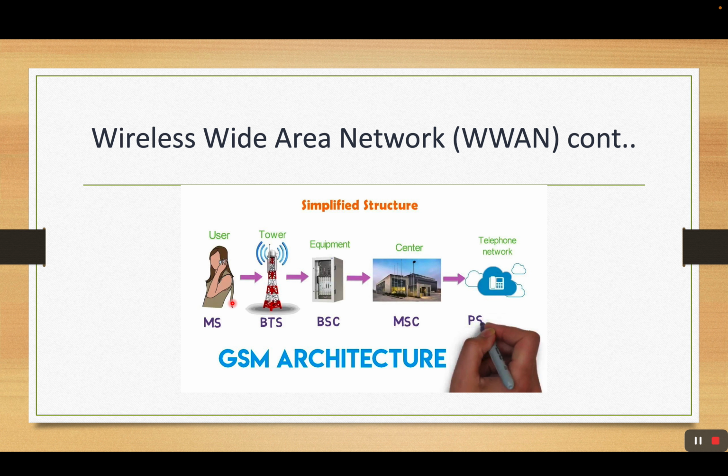At the same time, by the way, the MSC sends a request to the BSC of the destination number to whom the caller or the subscriber wants to talk. And the request is sent to allocate a channel for the call.